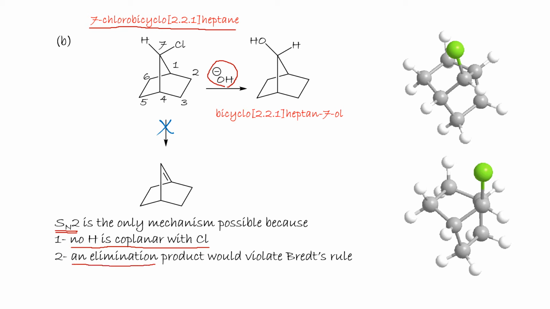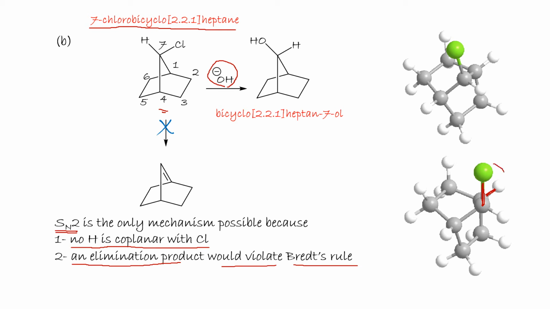An elimination product would violate Bredt's rule. Building a 3D model for this molecule, we will find that the carbon-Cl bond is not coplanar with the carbon-hydrogen bond on the adjacent carbon.